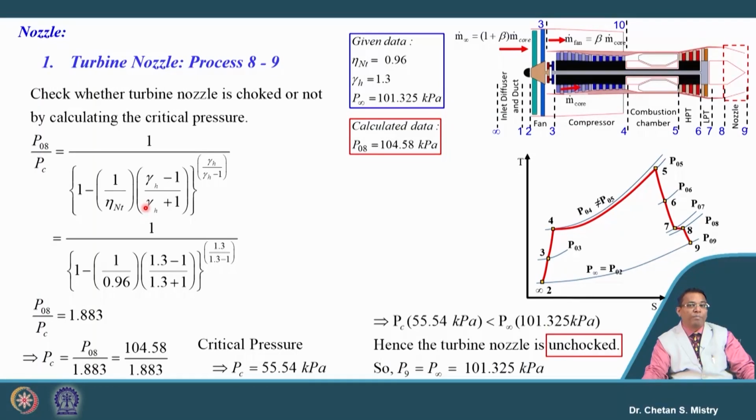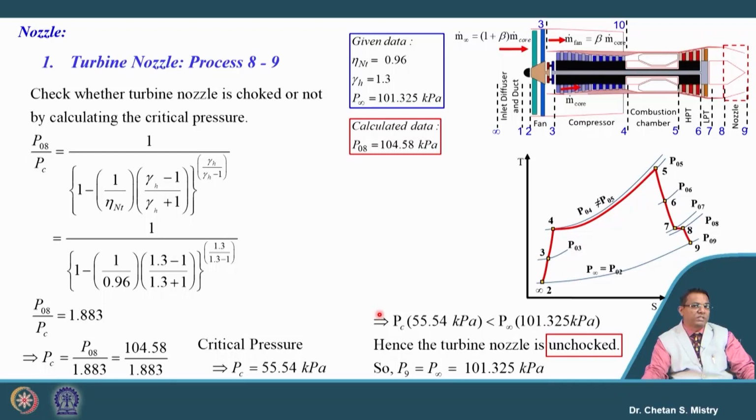Now, we will compare this with our atmospheric pressure, and here in this case my critical pressure is lower than the atmospheric pressure. That means my nozzle is an unchoked nozzle and exit pressure P9 will be equal to atmospheric pressure, that is 101.325 kilopascal. Okay.